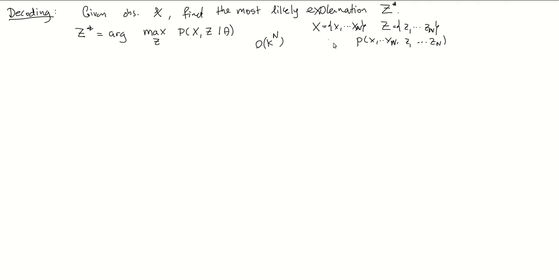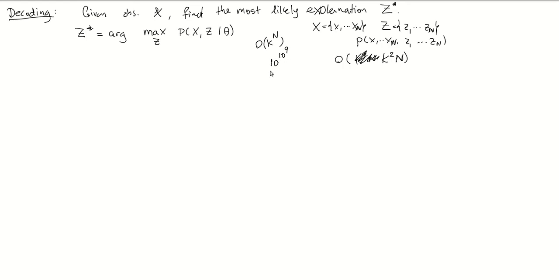It turns out there's a very efficient algorithm for this, which runs in K squared N time. This is exponentially more efficient. A realistic case could be maybe 10 hidden states, and N is like DNA, so this would be like 10 to the 9th or something like that.